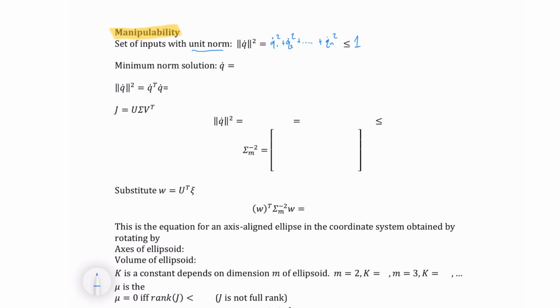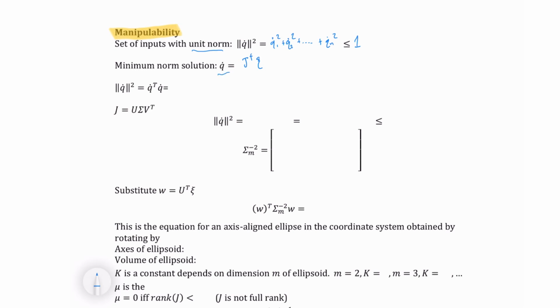So the minimum norm solution then for this, if I want to achieve some psi, what I do is I multiply it by the pseudo-inverse, and that gives me my minimum norm solution. So somebody says, well, I want to move at some psi value, 4, 5, 6. Well, I multiply that by my J pseudo-inverse, and it gives me my minimum norm solution for q dot.